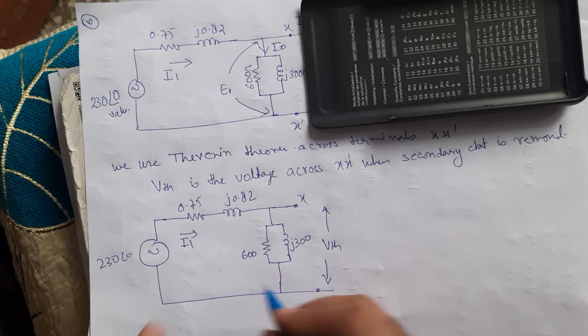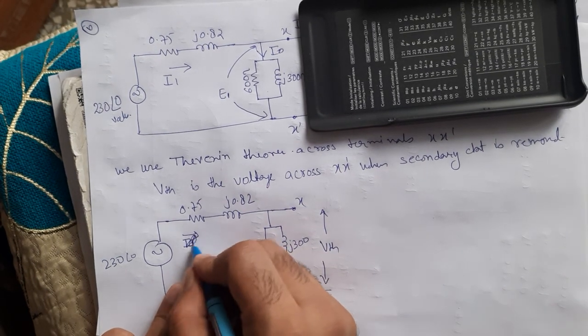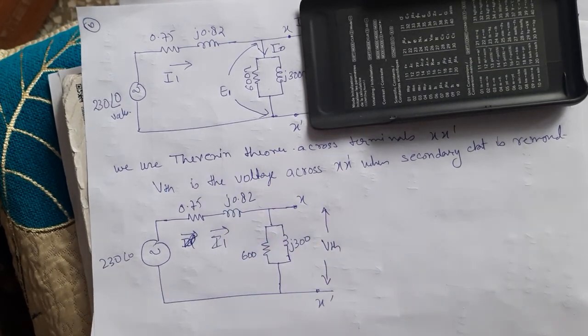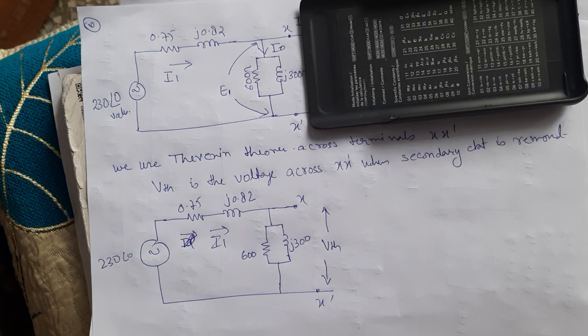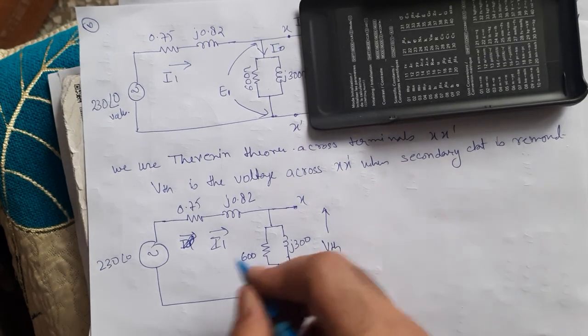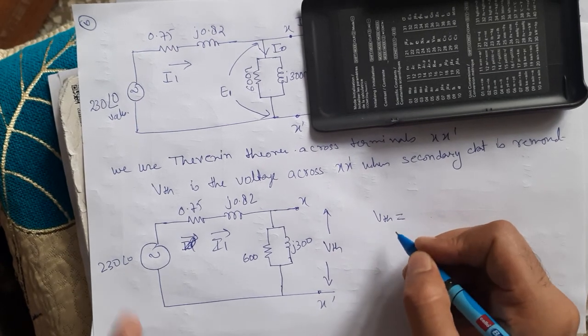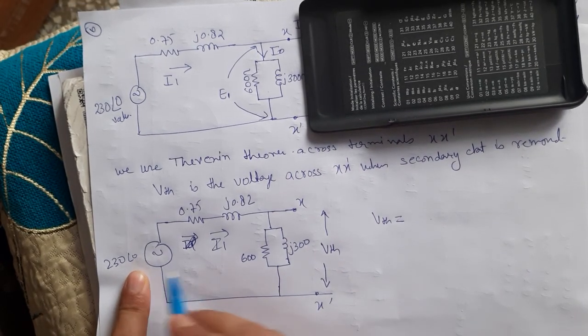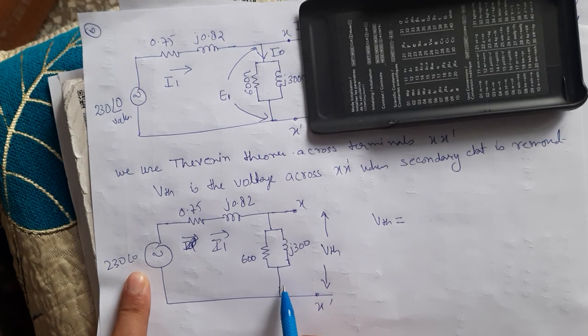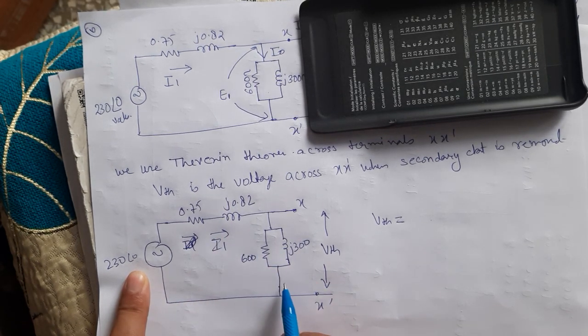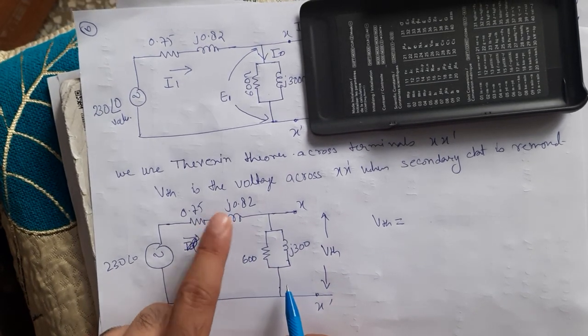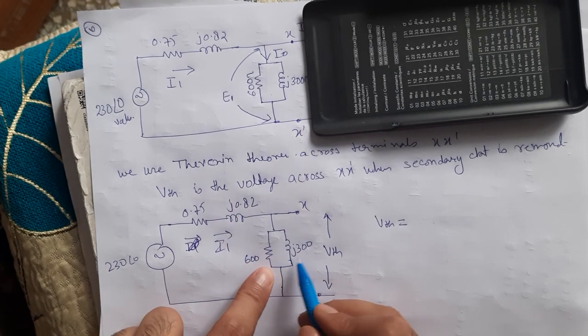VTH will be nothing but, suppose I represent the current here simply by I, or I1, keep it I1, not a problem. What is the total impedance of the circuit? The total impedance is this resistance plus this reactance plus the parallel combination of these two.